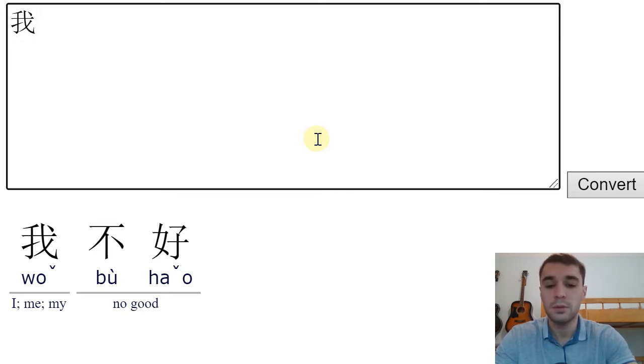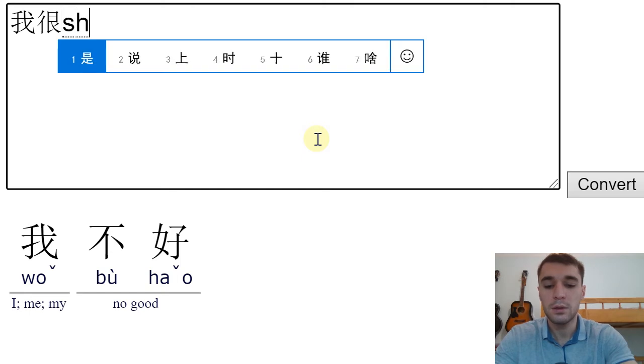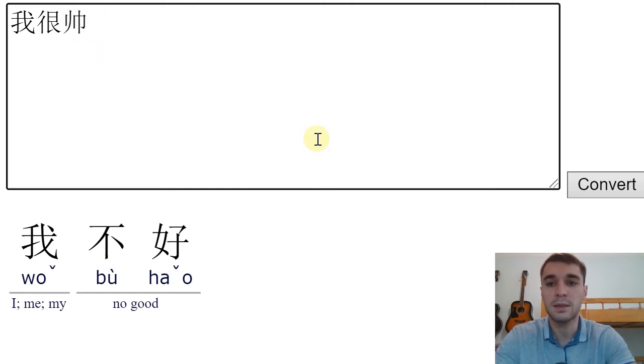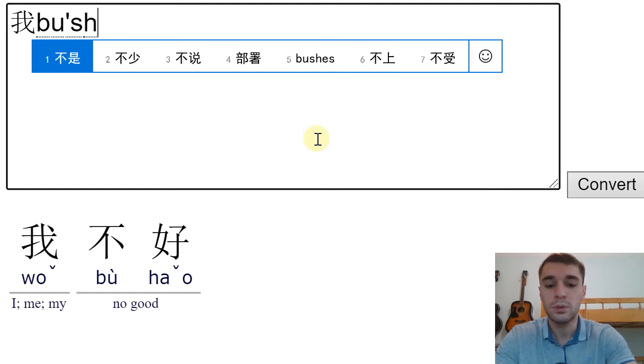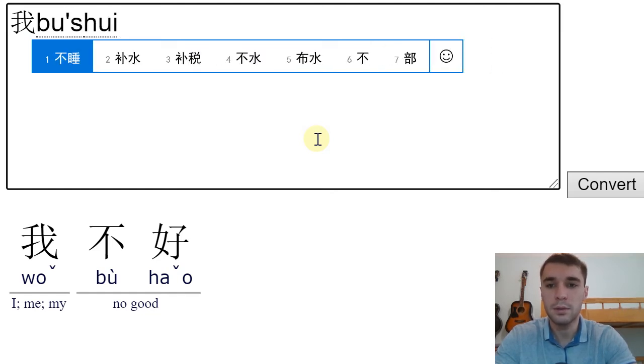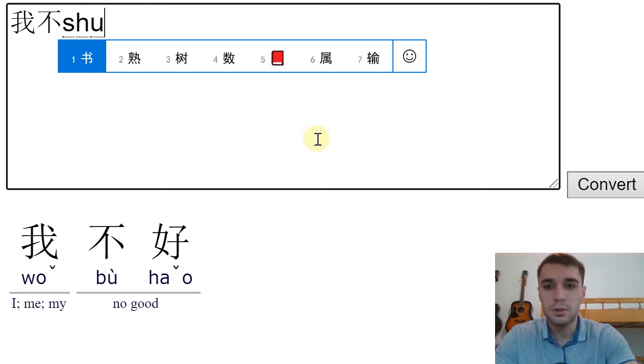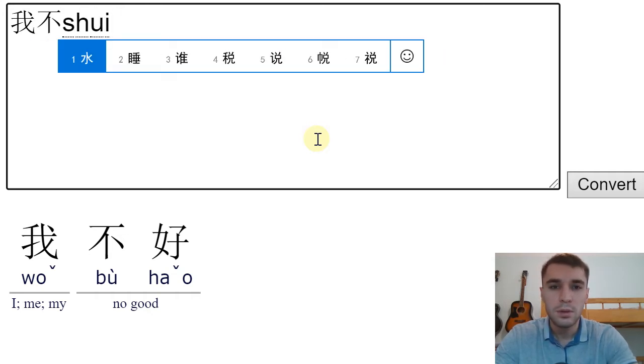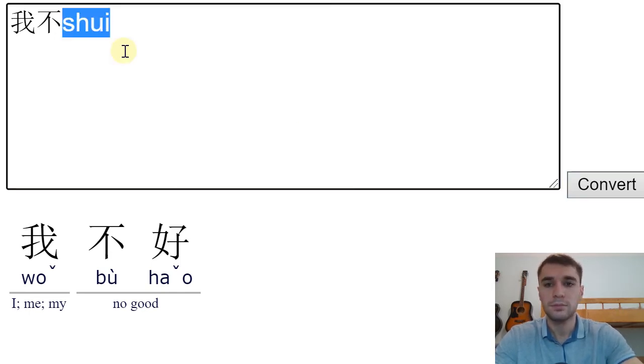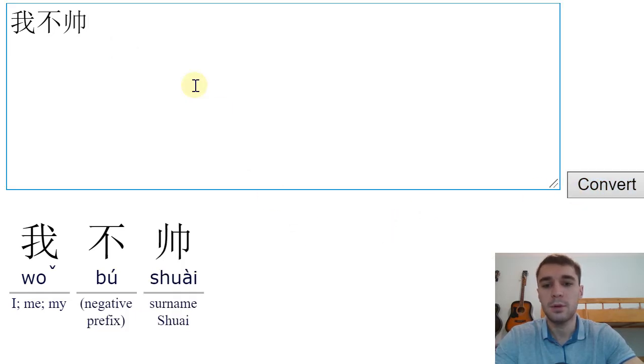So 我很帅 means I'm handsome. I'm not handsome, 我不帅. We should choose. So we should say 我不帅. I'm not handsome.